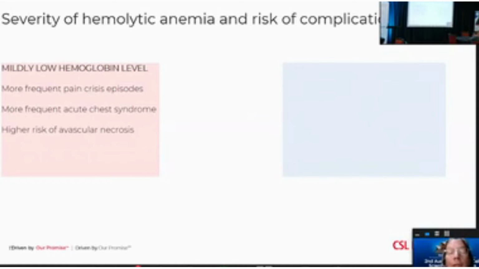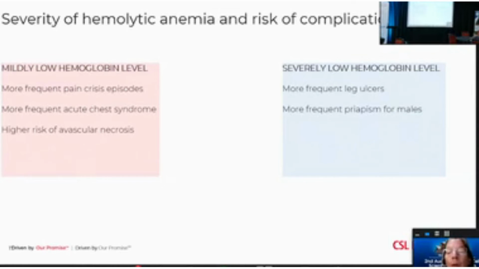At the other end of the scale, those patients who have particularly severely low hemoglobin levels are known to develop leg ulcers more frequently, to develop priapism in males more frequently, and to have a higher lifetime risk of developing pulmonary hypertension. It's also associated with a higher risk of stroke and a higher risk of chronic kidney disease.